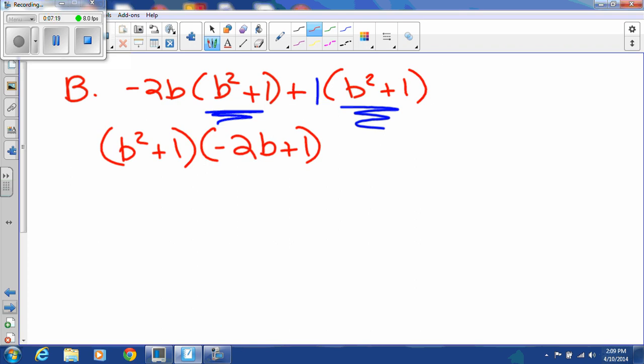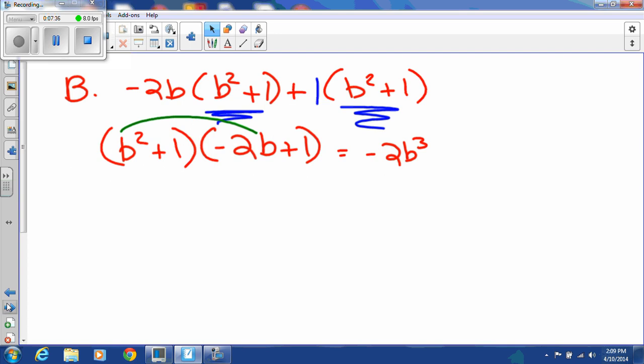To check it, we can use FOIL, and we can multiply first. B squared times negative 2b is negative 2b cubed. And we can do outside. B squared times 1 is b squared.